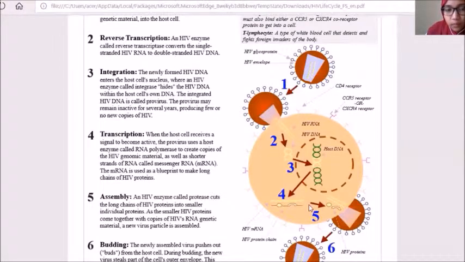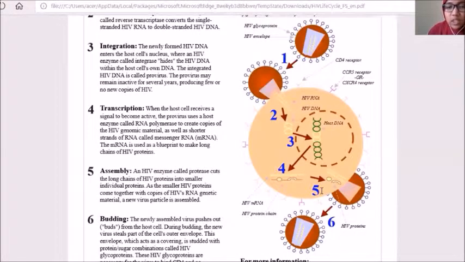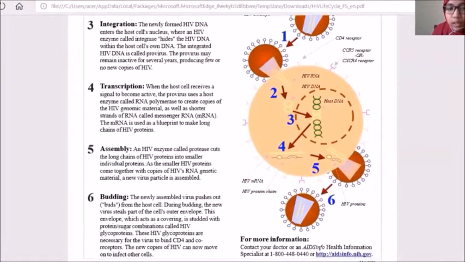Then the fifth step is assembly. The HIV enzyme called protease will cut this long chain of HIV protein into smaller individual proteins, and these smaller HIV proteins come together with copies of HIV RNA genetic material, and a new virus particle is assembled. Then they start budding.